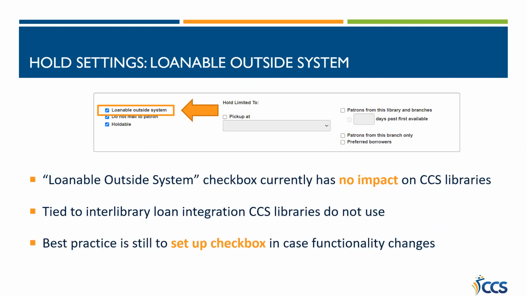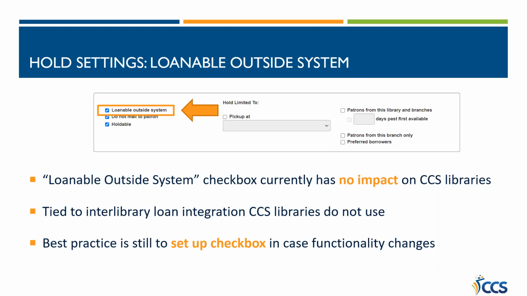However, the best practice is still to set this checkbox because maybe someday that integration will become relevant to us, or maybe there's new functionality added to Polaris that references this checkbox. If we set this checkbox appropriately now, we can save significant record cleanup time in the future.